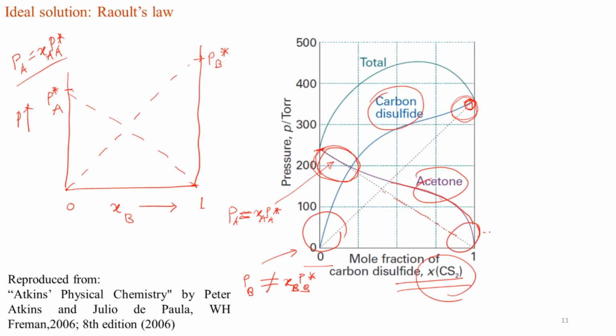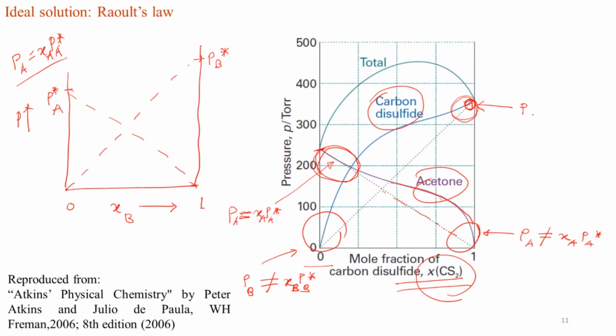Similarly, exactly the opposite situation happens. When A is the solute and you write it as XA into PA star, it is just very wrong because it has a huge departure.